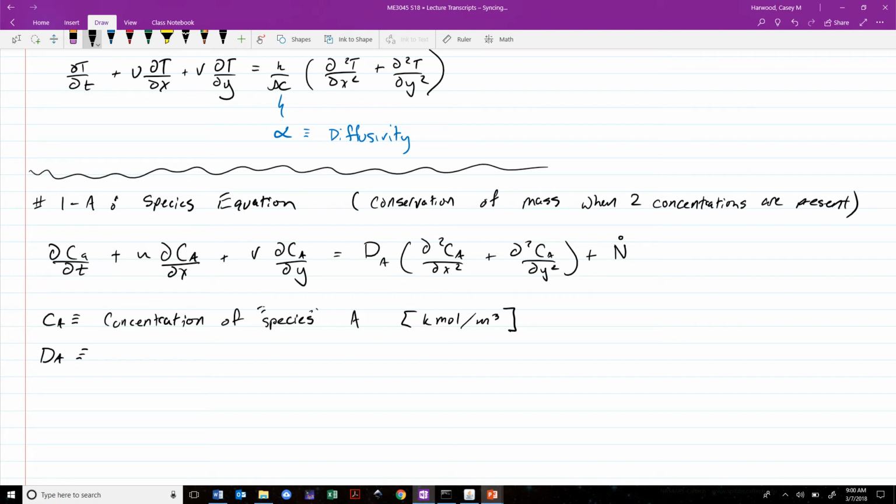And so that D sub A term we refer to as the species diffusivity. Okay, so again, if you were to dump a bunch of salt into a bucket of water, that D sub A is going to give you some information about how quickly it spreads out or diffuses through that body of fluid.